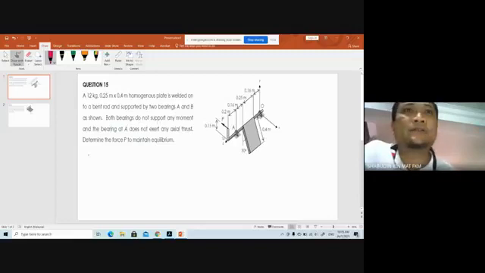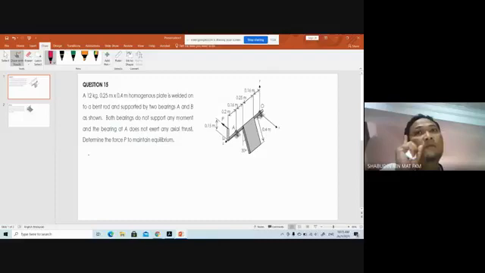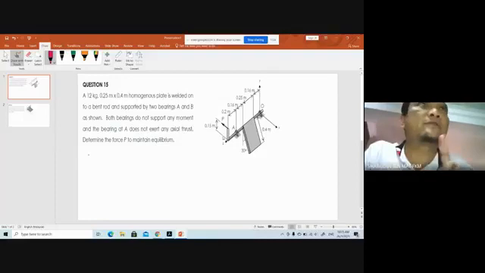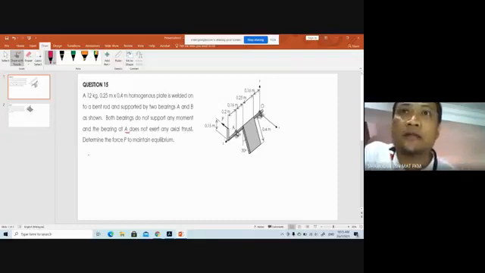The question says both bearings do not support any moment. By right, bearings have a moment, which is very light. Recheck your notes. But it says bearing A does not support any axial thrust, so at bearing A there is no force in Z. So you have AX and AY.